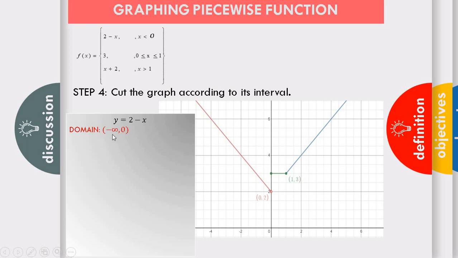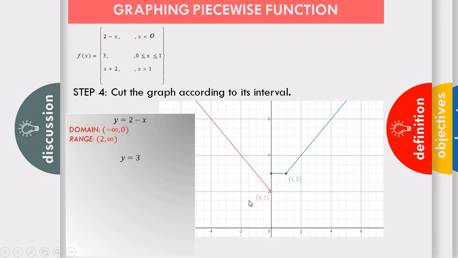So therefore, from negative infinity to 0. And we use parentheses since the inequality is less than. And the range is from 2 upward. So from 2 to positive infinity. So again, we use parentheses since 2 is a hollow point.